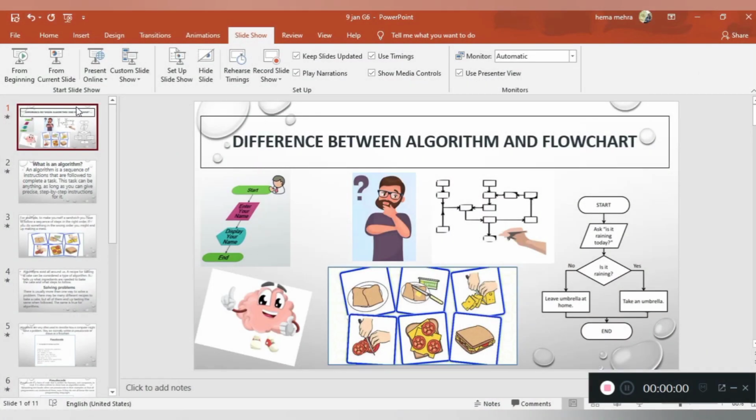Algorithm is a step-by-step solution of any problem, whereas a flowchart is a pictorial solution of any problem. Now here is introduced a new word that is pseudocode. What is pseudocode? So for learning about this new word, let's move to the PPT.